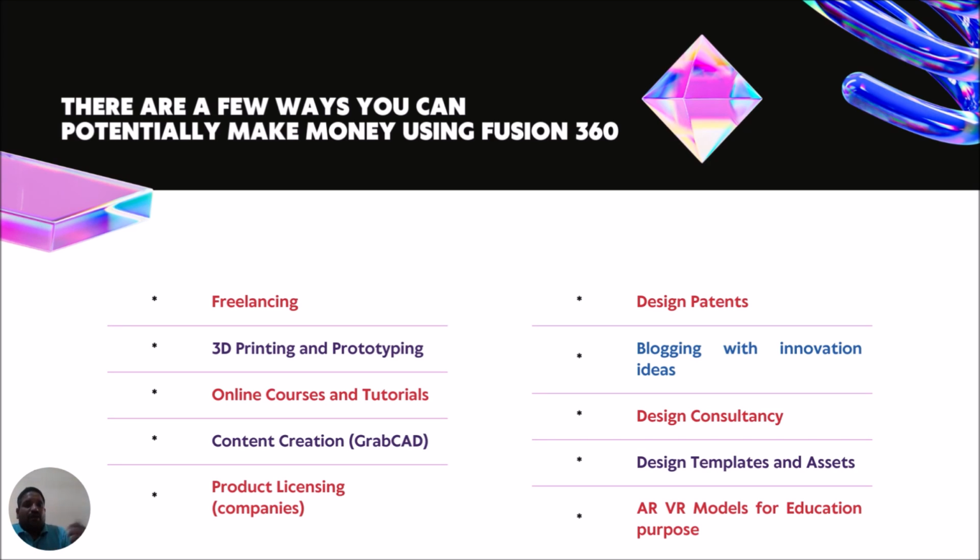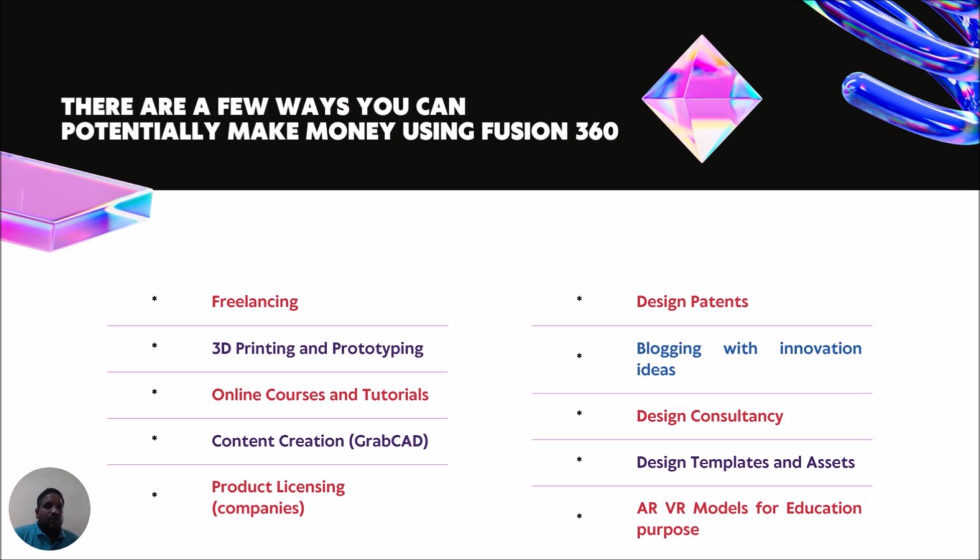That design you can upload on content creation websites like GrabCAD and 3D CAD. Plenty of websites are there where you can sell your 3D models. And also, companies especially need to license their components. Most of the companies will be going for the patenting part, industrial patents actually. They come up with a solution to a particular problem that the whole world is facing.